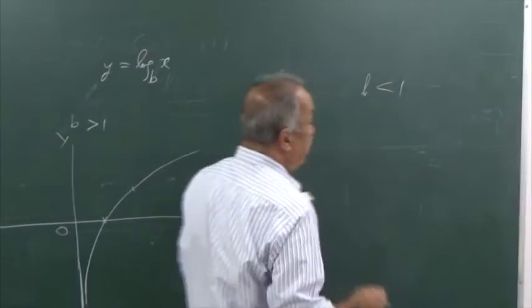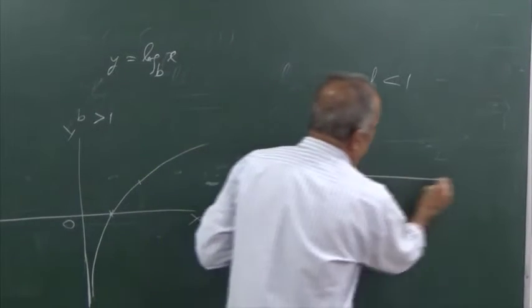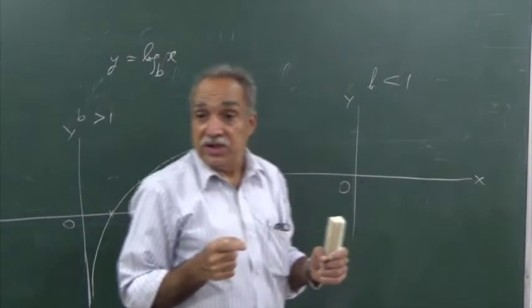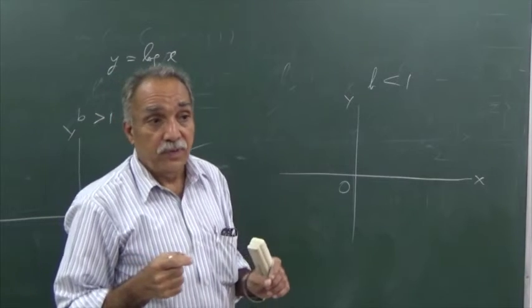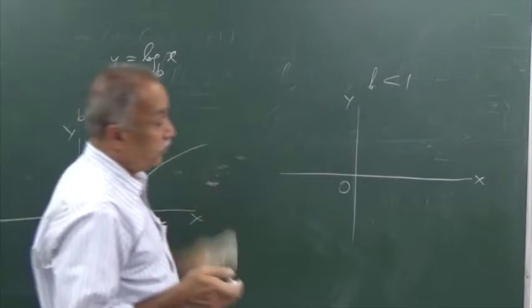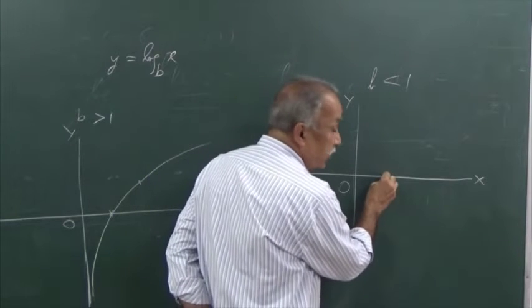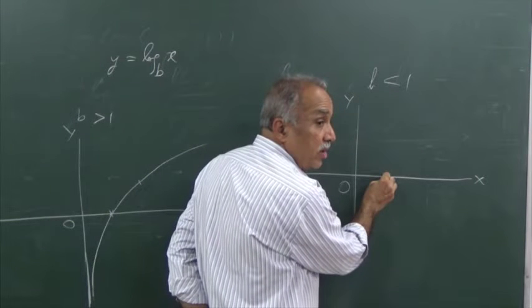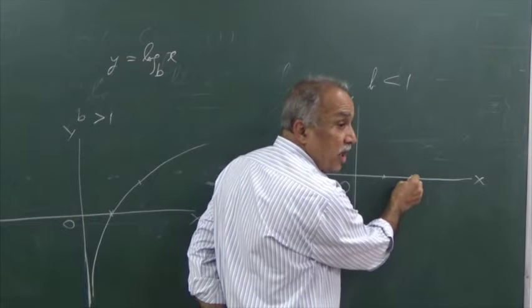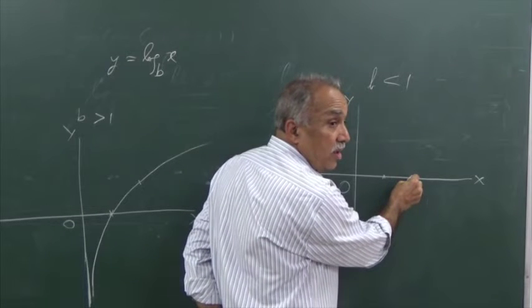Consider next the possibility b less than 1. For the sake of definiteness, I will choose b equal to half. So my function will be log x to the base half. What is log of 1 to the base half? 0. What is log of 2 to the base half?